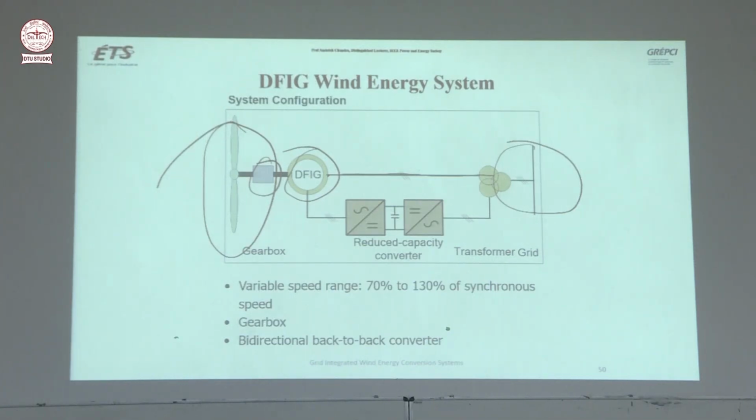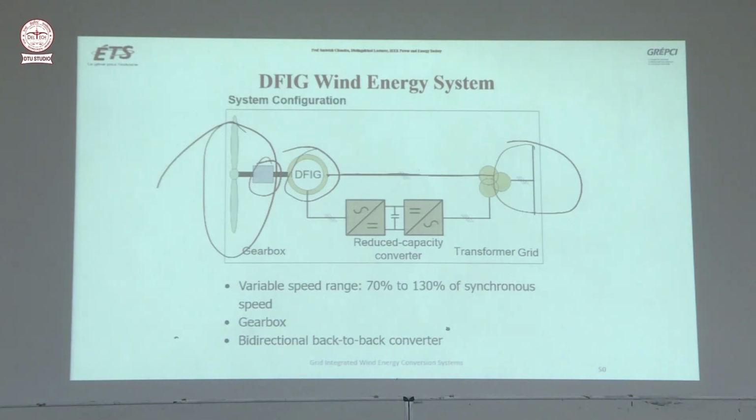Actually, DFIG machines, in my home province of Quebec, in 2007 they started putting in wind farms, using doubly fed induction generators by the General Electric Company, and the capacity at the time was 1.5 megawatt machines. And then they were using 500 kilowatt rotor side converters.